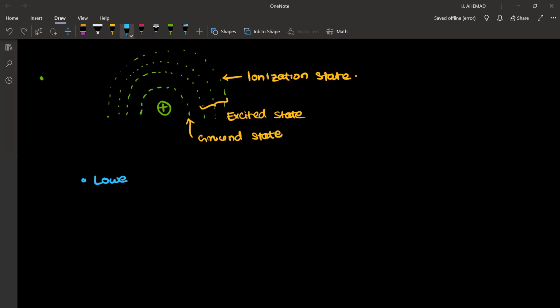The lowest energy level an electron can occupy is the ground state.